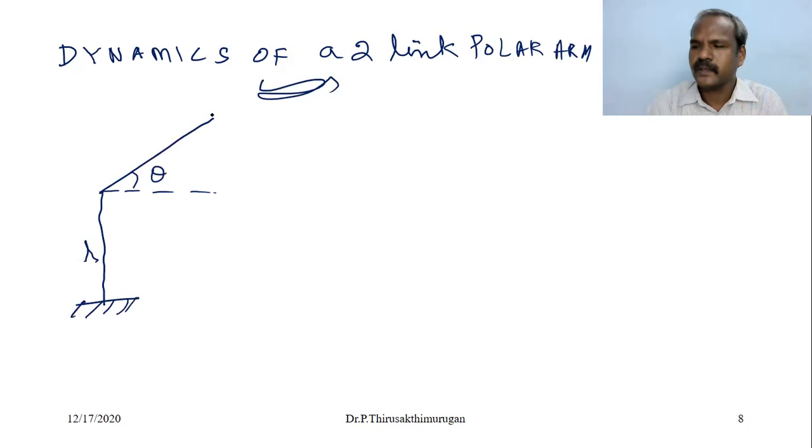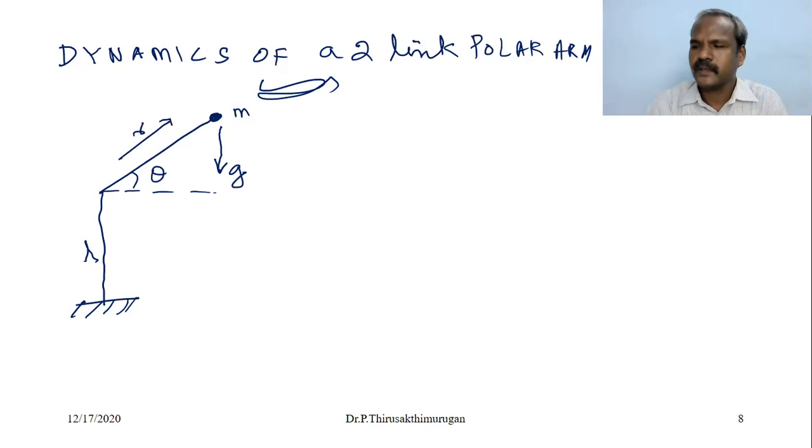This is the end of the robot arm whose mass is m. The gravitational pull is g, and it has a radius r.